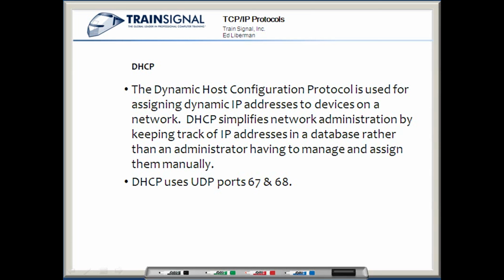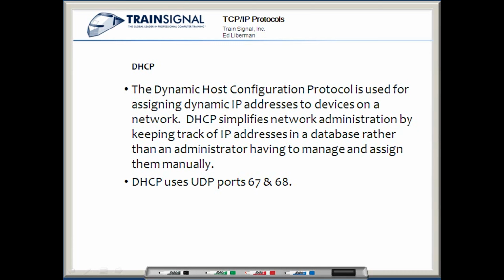I mean, that's the bottom line. DHCP makes it so that IP addresses can be assigned and managed dynamically. Okay? It gets rid of all the manual aspect of assigning IP addresses.